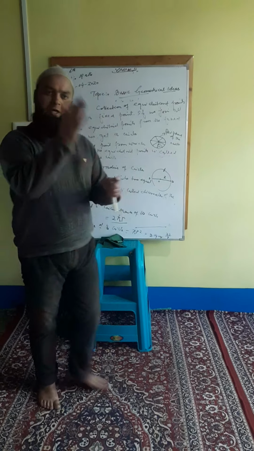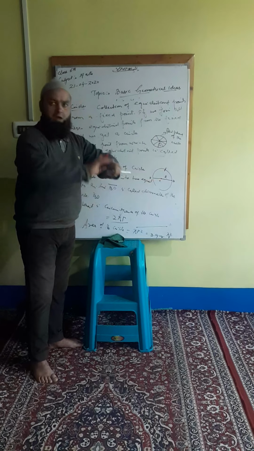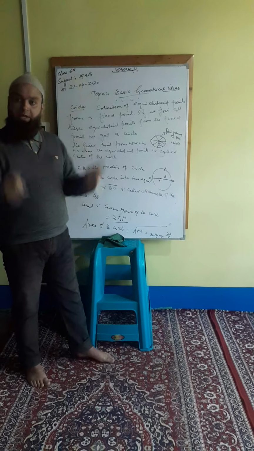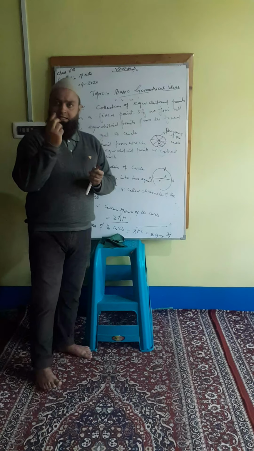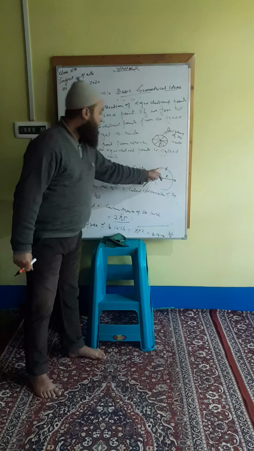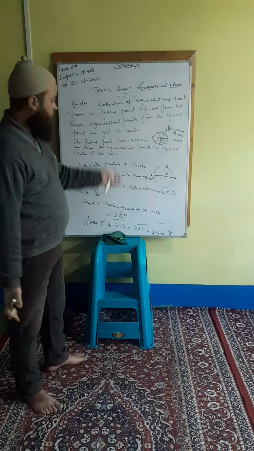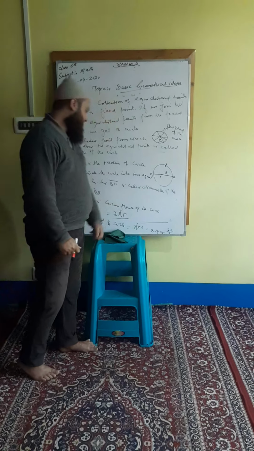If we cut the periphery of the circle, we get a straight line, but its measure will not be exactly equal, because during cutting some portion of the wire is lost. So that is why it is always in fraction.